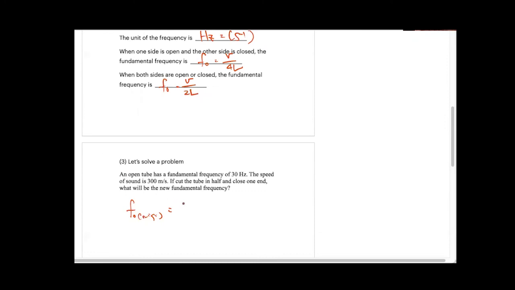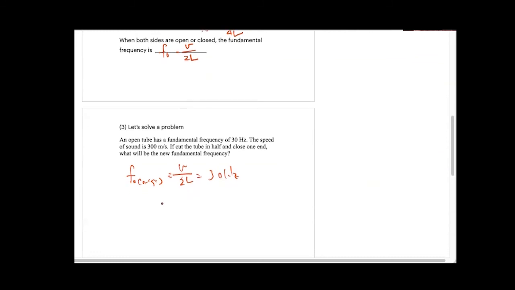So V over 2L equals 30 Hertz. And now we don't know the length, so let's calculate this L. L is basically, you move this to here and F0 to here.